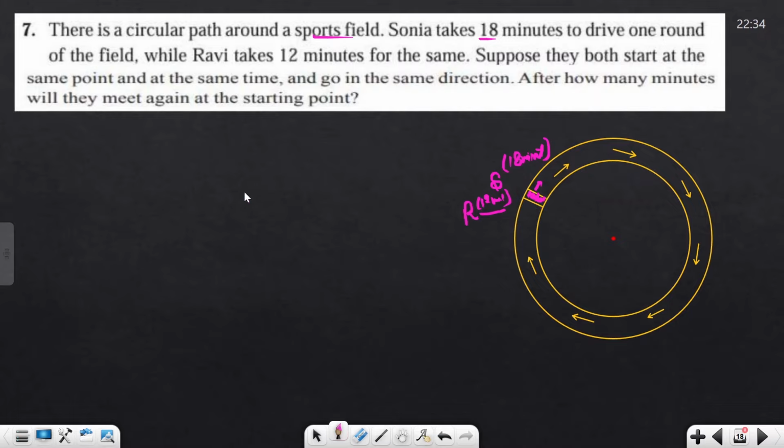If they meet again here, we need to find the LCM. Our target is to find the LCM of 18 and 12. How do we find it?